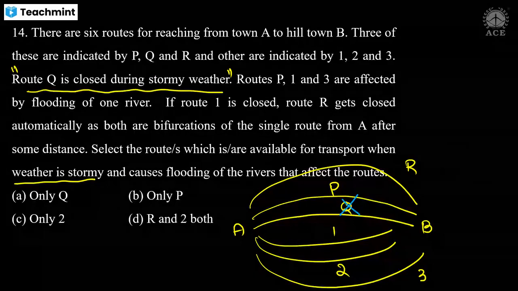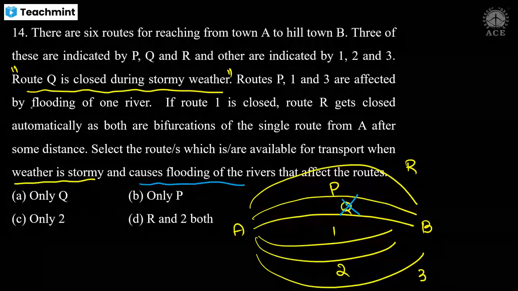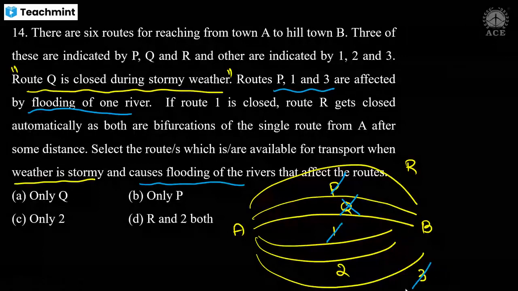Okay. Routes P, 1 and 3 are affected by flooding of one river. They mention the weather is not good, causing floods of the rivers. So when floods of the rivers are there, P, 1 and 3 will be affected. So P affected, 1 affected, 3 affected. Due to bad weather, floods are there, causing flooding of the rivers, right?